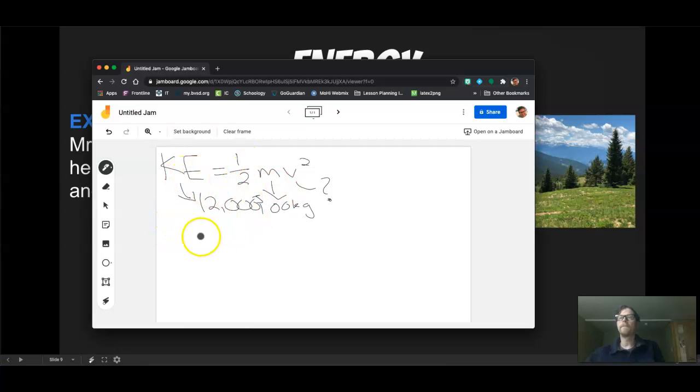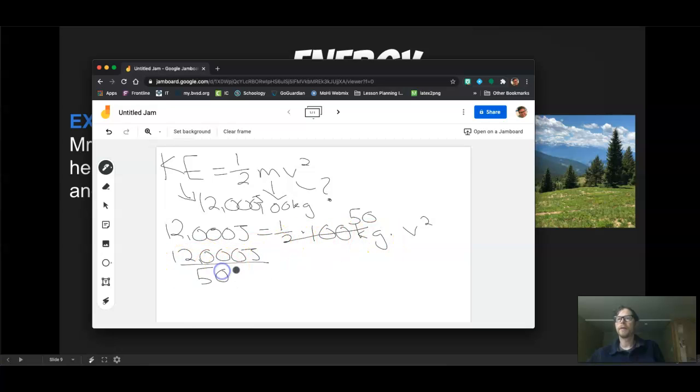So we can substitute in 12,000 joules equal to 1/2 times 100 kilograms times v squared. Simplify this to 50. And now we have 12,000 joules, and we're going to want to divide both sides by 50 kilograms.